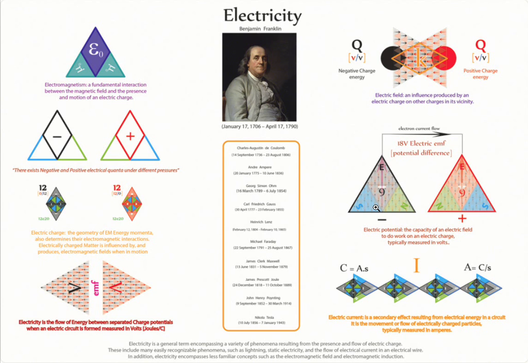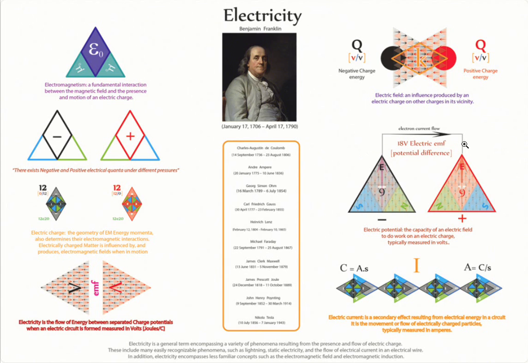Maxwell viewed the displacement current, as he called it, it's really a displacement voltage, as a stretching of the field until it broke down, when in fact what's happening is we're compressing energy momenta within the voltage, within the fixed equilateral geometry of the voltage, until it reaches sufficient energy momenta to break down and reach out as it tries to equalize. Again, whether you're determining it as a leap of voltage across or a breakdown, a sudden dispersal, makes no difference. What's important is the geometry that gives you these answers.